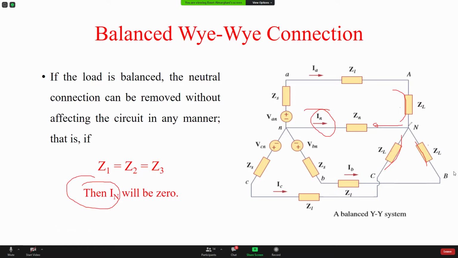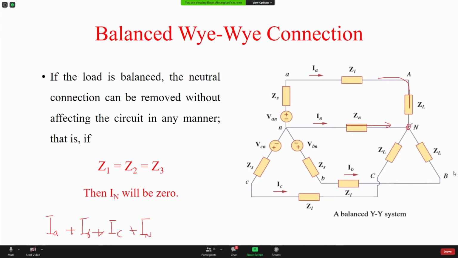Because at this node you have coming currents. Let's say all of them are coming. So IA plus IB plus IC plus IN, they're all coming to the node, this node here. Nothing is leaving.